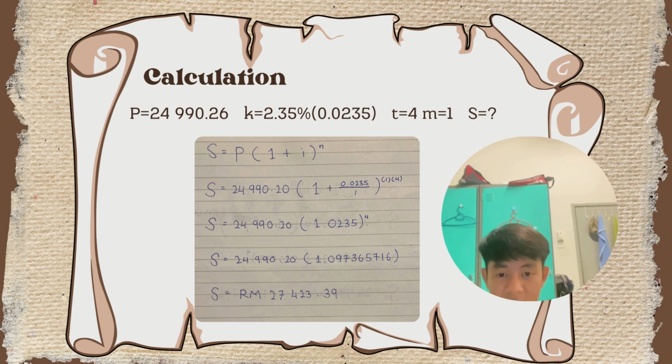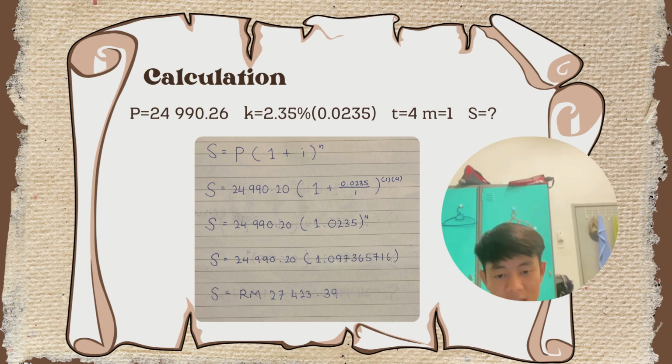What the question needs is S. So the equation is S equals P, 1 plus I close the bracket, to the power of N. We put in the numbers that have been given. Future value is still S. The principal is 24,920 cents. Open the bracket and put 1 plus 0.0235 over 1. Close the bracket and the power is 1 times 4.